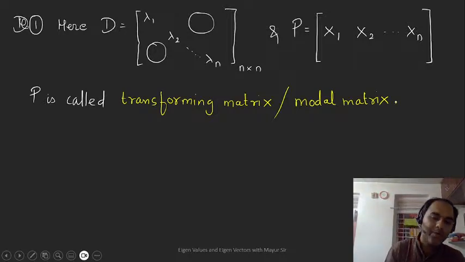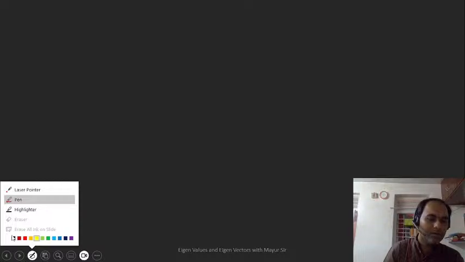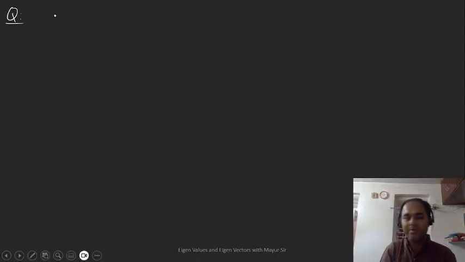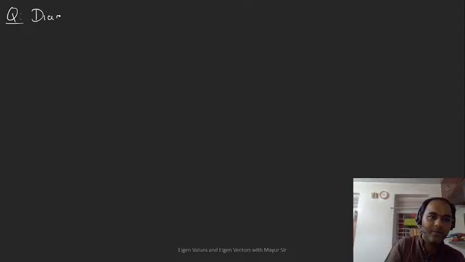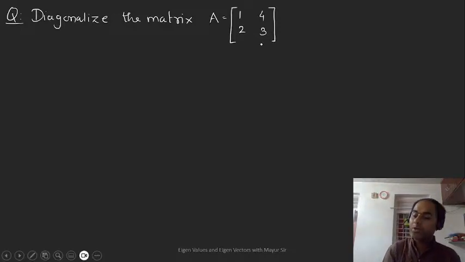Now the same question we can take up. We have found the matrix over here. In the exam you can get a very simple question: diagonalize the matrix A equal to 1 2 4 3. So what are the things to be done?